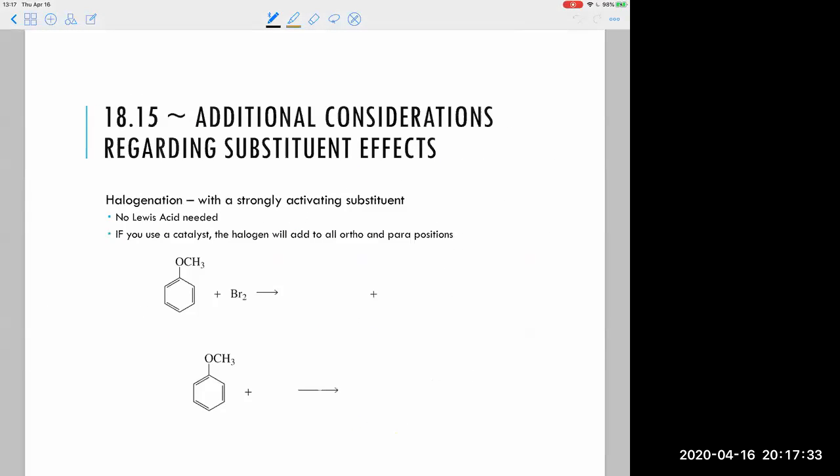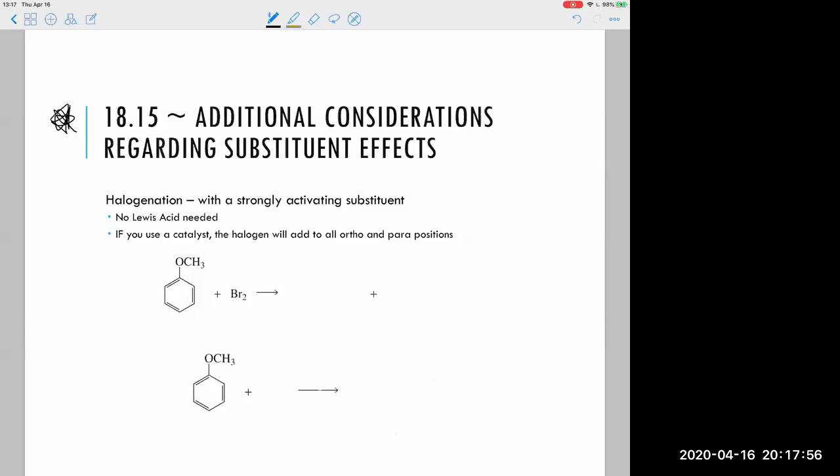Okay, now this section is kind of a bummer of a section. I think it should be called additional considerations regarding substituent effects, or the exceptions to the rule. Let's go over that real quick. First, this idea of activating versus deactivating.